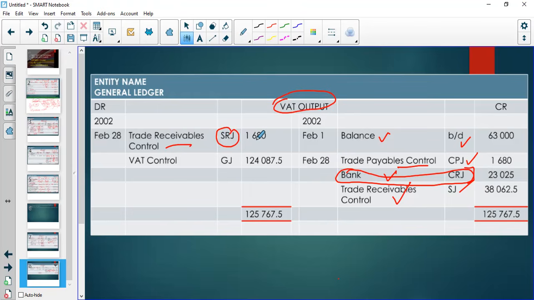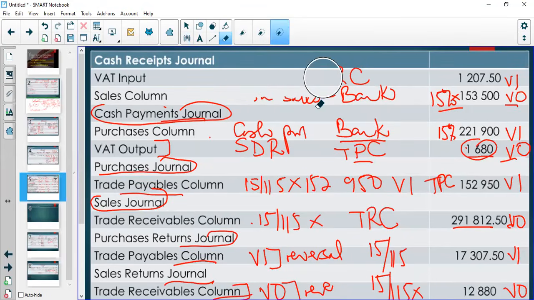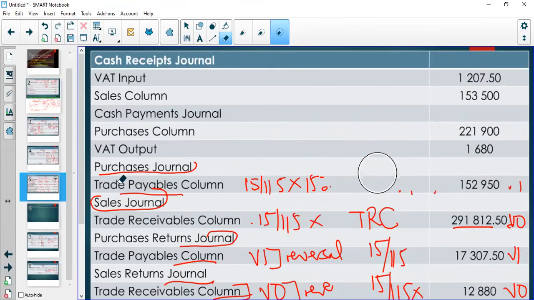And then now you start to take the figures and what you do, you drop them, right? So I will just do it for the VAT. All right, what was the closest? The closest one is the VAT input.